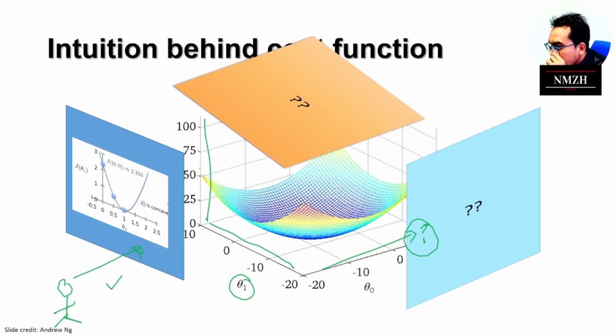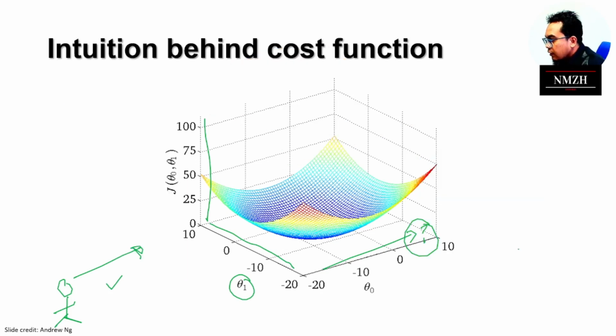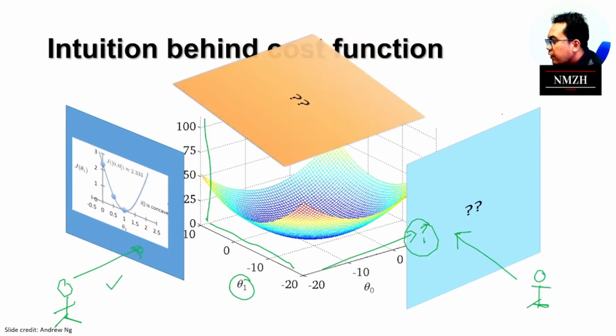So you might see this curve is basically producing this one, right? 2D dimension, so not 3D dimension. Okay? Can you get me? Yes, yes. Okay, so then just imagine that you stood over here and see this graph. So then we will find that this graph could be this way, right?